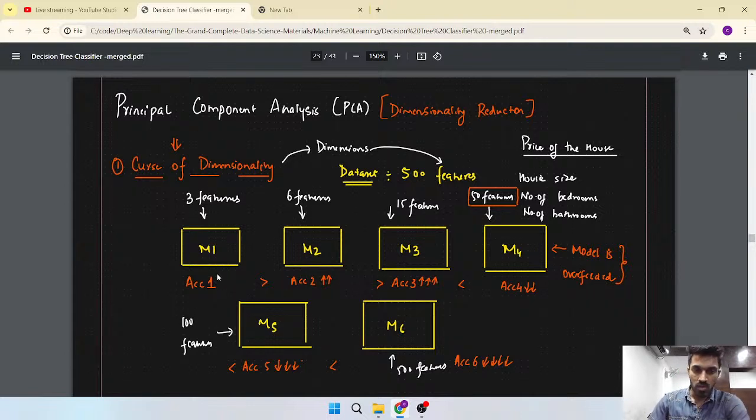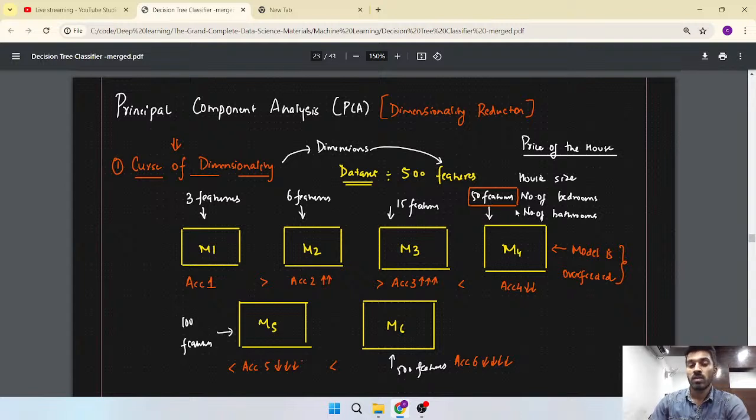Suppose you have an M1 model and you have given only three features, then you will get some accuracy. The second time you have given six features to the same model and you get some accuracy. The accuracy in the second model will be higher than the M1 model because you have increased the number of features. The third time again you have increased, then again the accuracy will increase somewhat.